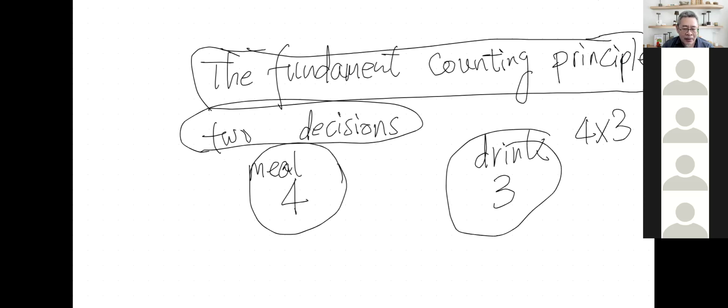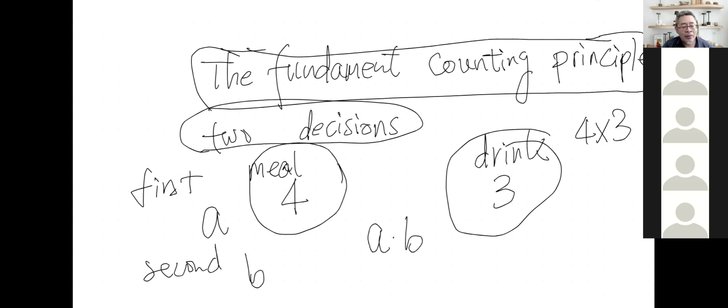In terms of the principle, the first decision, we got A choices. The second decision, we got B choices. Then the total number of choices will be A times B. And that's it.